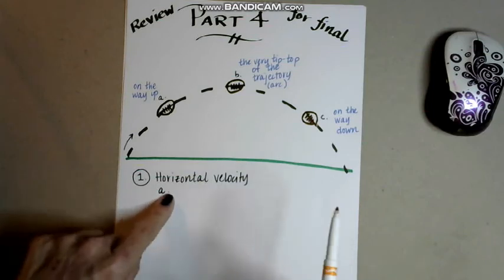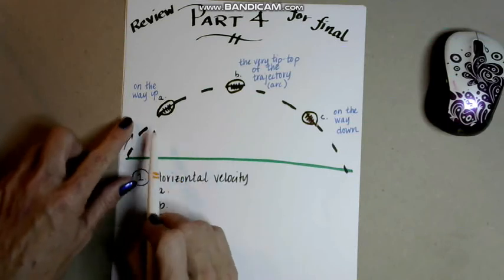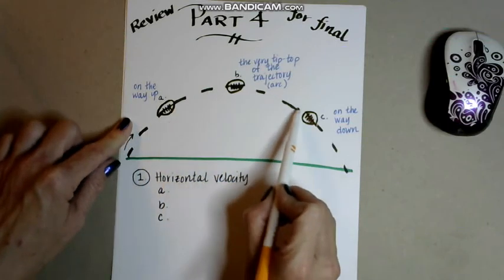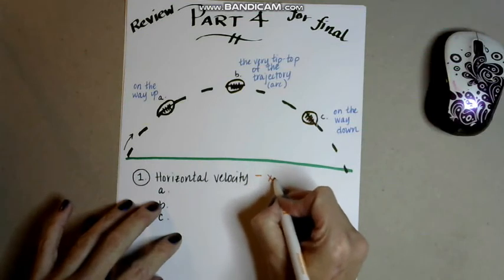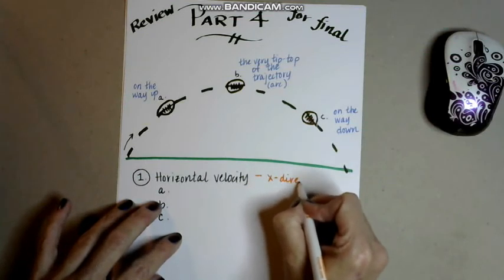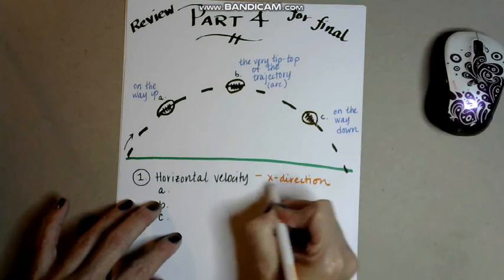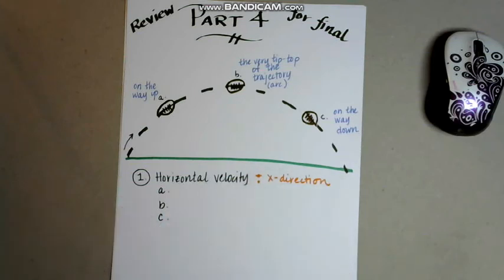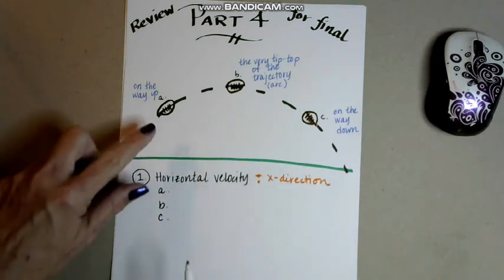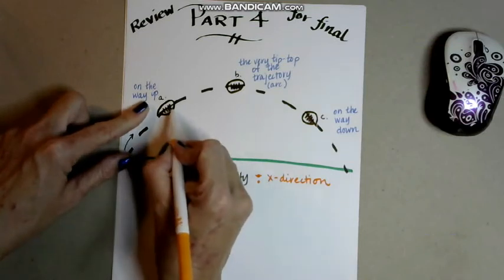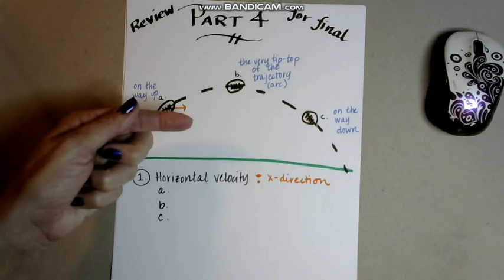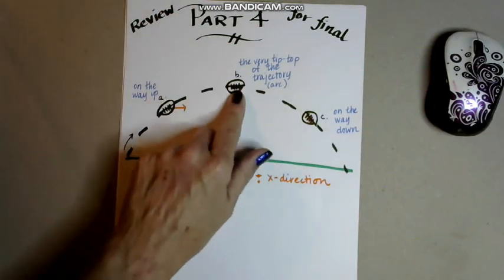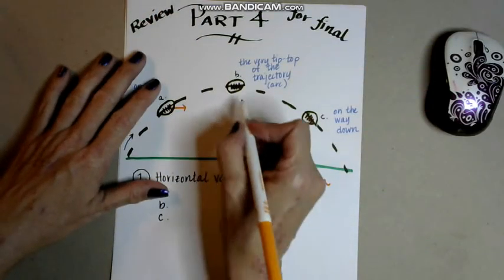The horizontal velocity at point A, well, we know that it's going up, but I'm not worried about up. I'm worried about the x direction. I can see clearly that the x velocity direction is going this way. What about the very tip top of the trajectory?